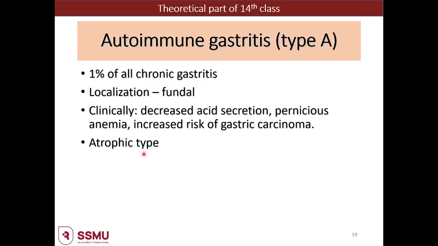It is also associated with decrease of the intrinsic Castle factor, which is necessary for metabolism of B12, and that's why we may see anemias in this case. And autoimmune gastritis is a really difficult condition, because in case of chronic injury of the stomach glands, we may see formation of carcinoma, adenocarcinoma, in the stomach.